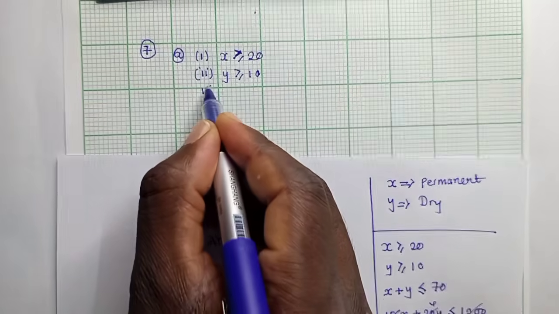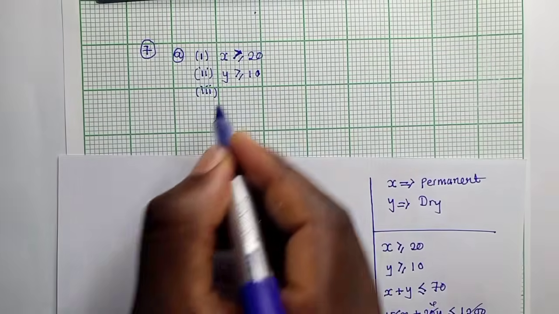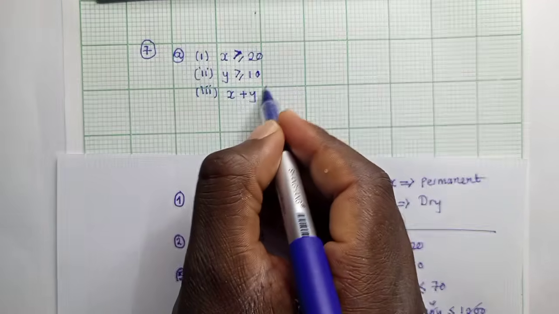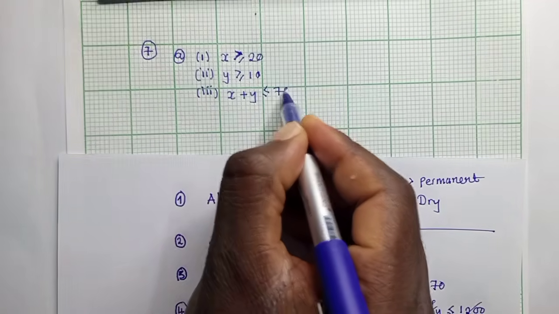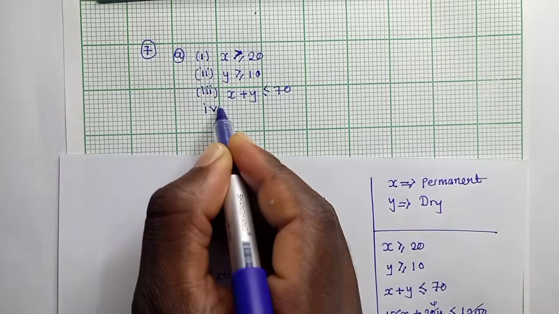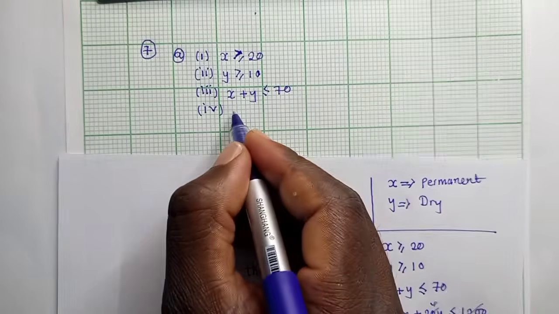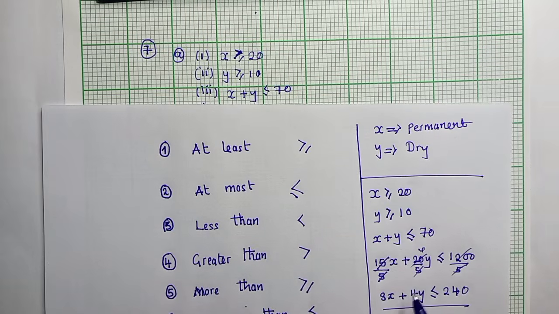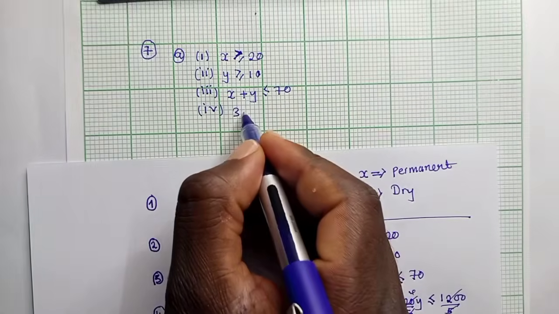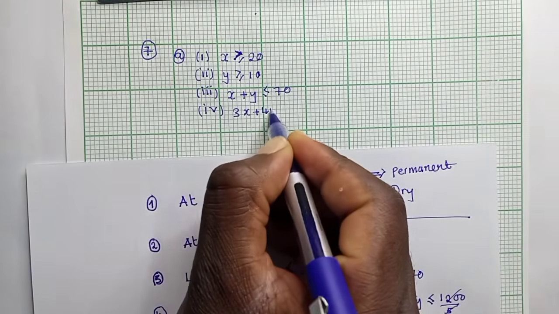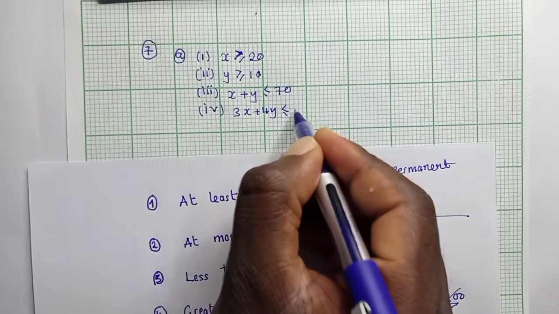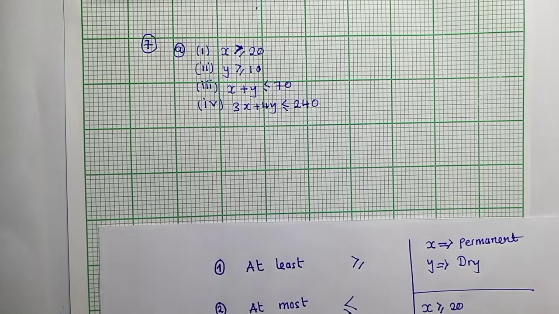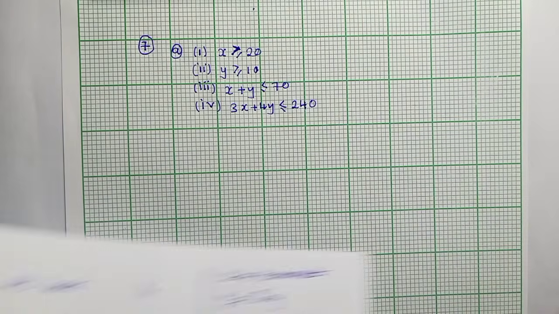Number 3, we have x plus y is less or equal to 70. And number 4, it's right here, this one here. So that's 3x plus 4y is less or equal to 240. So that's it. We're done with question 1A, okay?